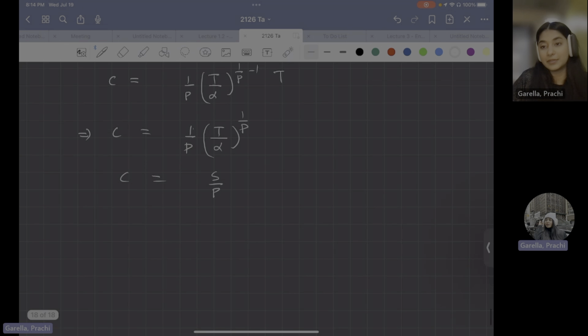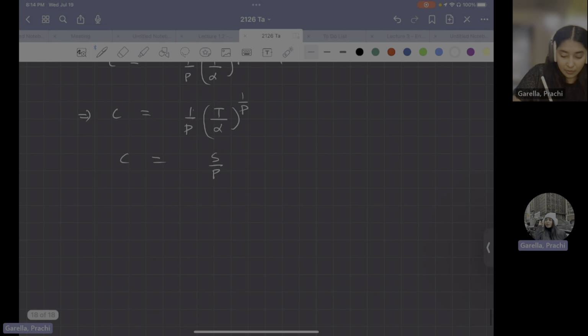Now, one important thing to note here is that we know that S, which is the entropy, is always greater than or equal to 0, which means that this part will always stay positive. Therefore, for C to be less than 0, which means for C to be negative, P has to be negative.